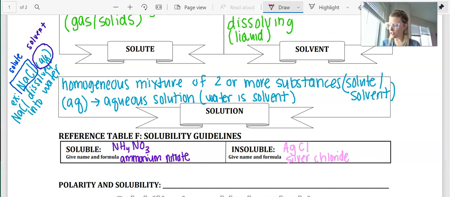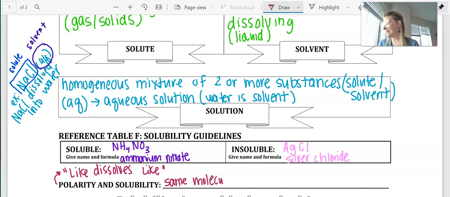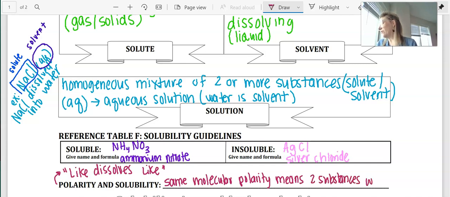Meaning, and I'm going to actually just write that here, like dissolves like. And again, the idea is that things will be soluble together if they have the same molecular polarity. So same molecular polarity means two substances will dissolve.